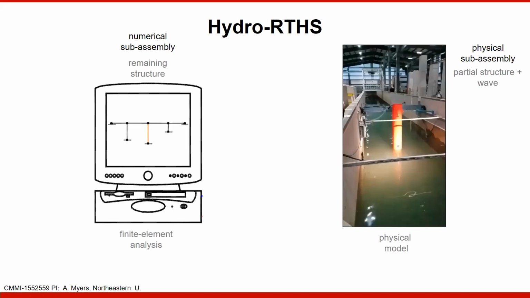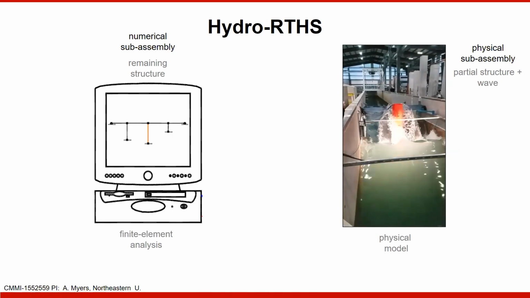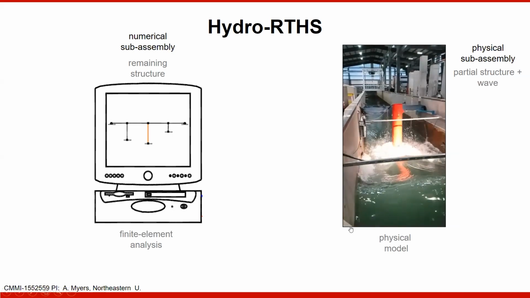As much as I would want my fluid to slow down, the reality is that because we have fluids in our physical model, it has to flow in real time. So there's a rate dependency associated with the fluid impacting the physical portion of our system.